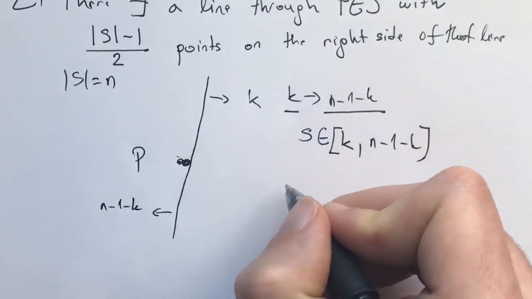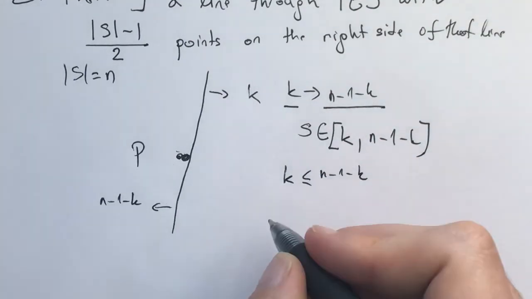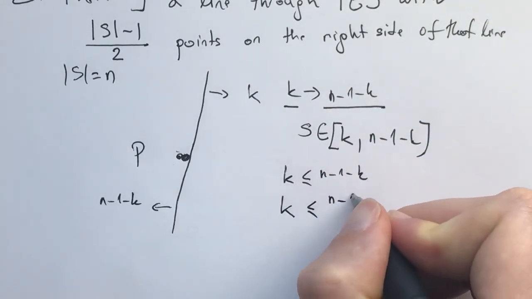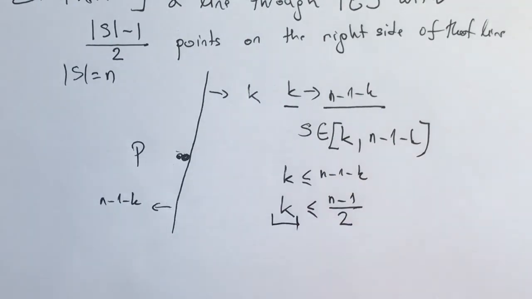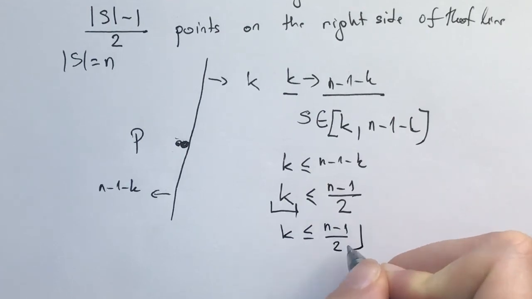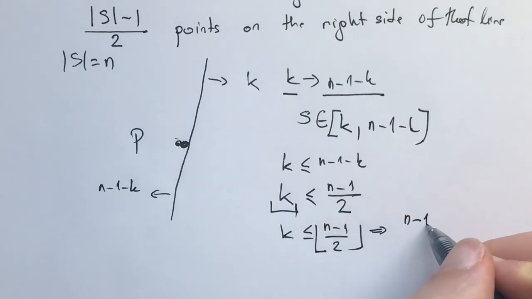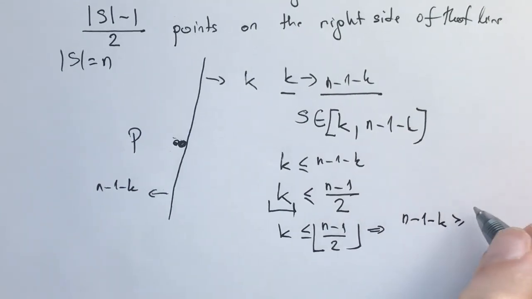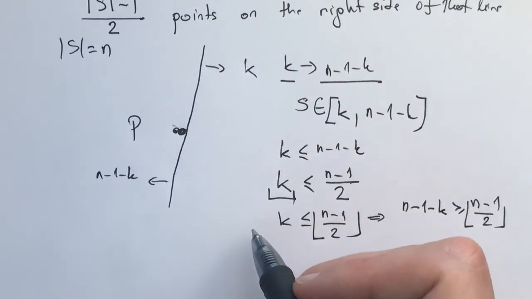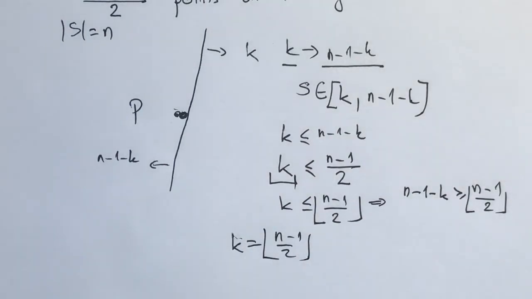And now with that, if we assume k is less than or equal to n-1-k, which we can without any loss of generality, that means k is less than or equal to (n-1)/2. And because k is an integer, this means that k is less than or equal to the floor of (n-1)/2. And given that, this implies that n-1-k is greater than or equal to the floor of (n-1)/2, that means that we will be able to get k equals the floor of (n-1)/2 points on the right side of P for any point P.